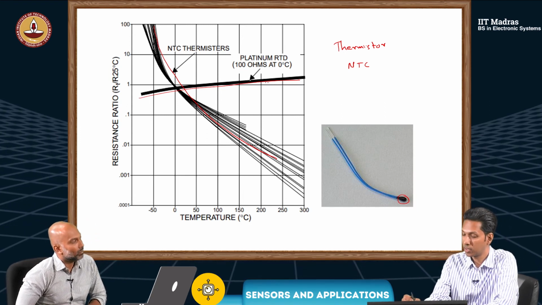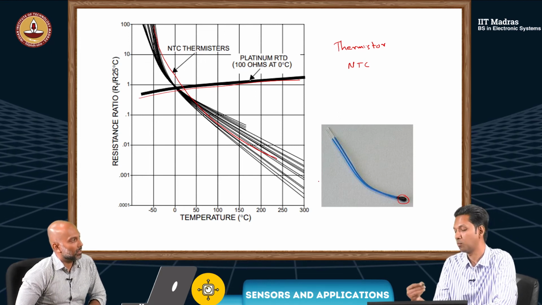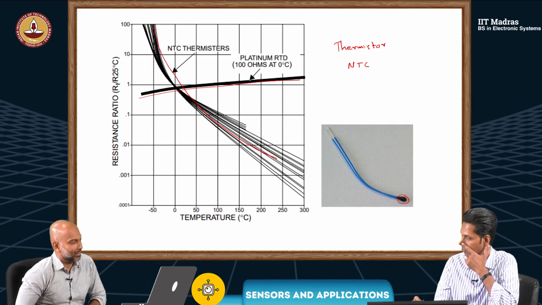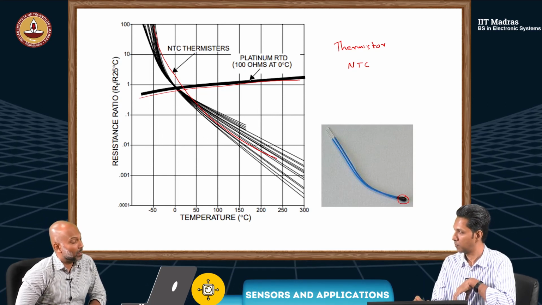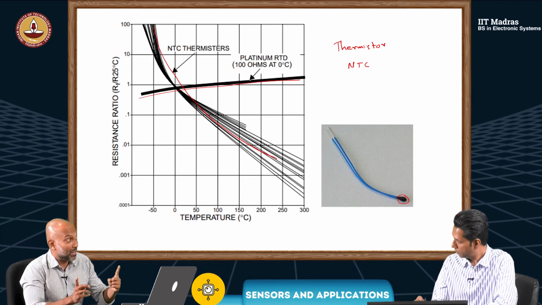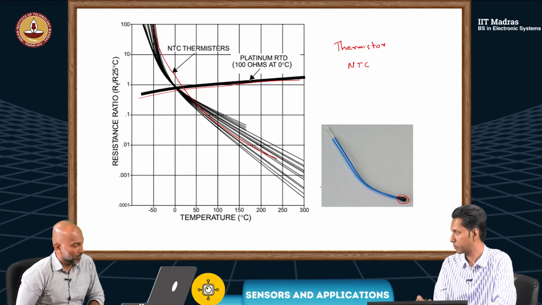Here we have used a third order polynomial. For a thermistor you will have to use higher order, more complicated equations to represent it correctly. But the sensitivity is high for a smaller range, so these are also widely used.